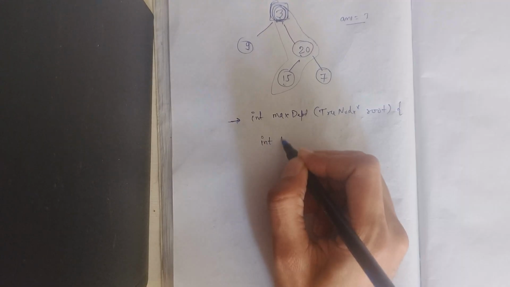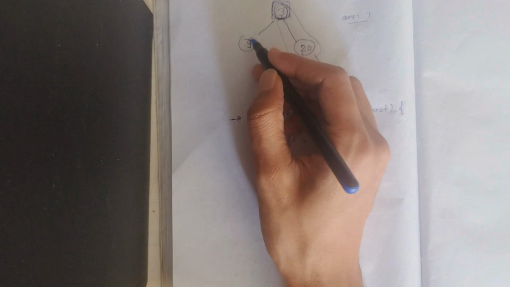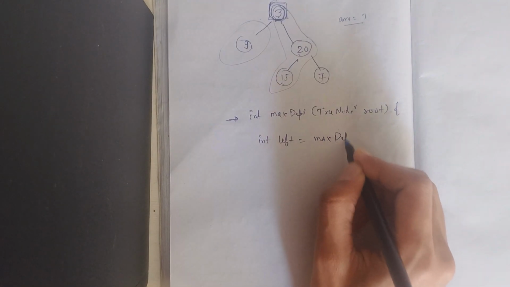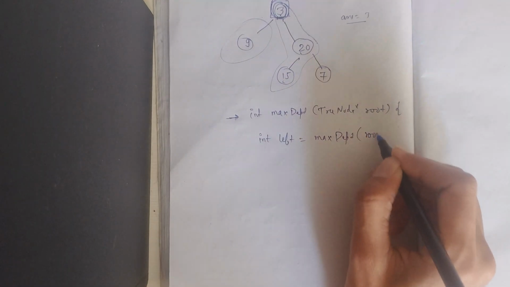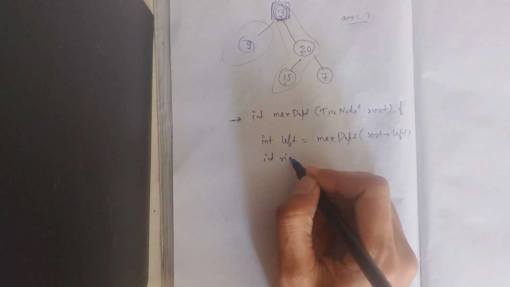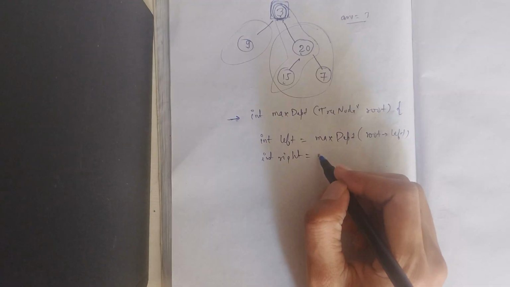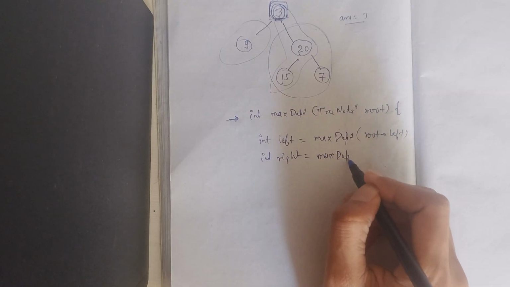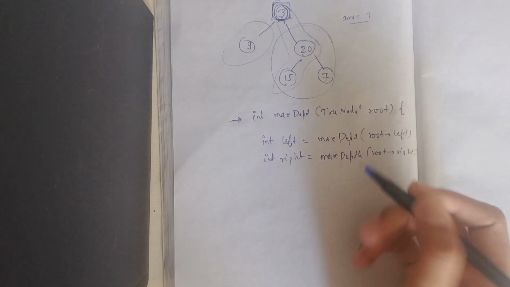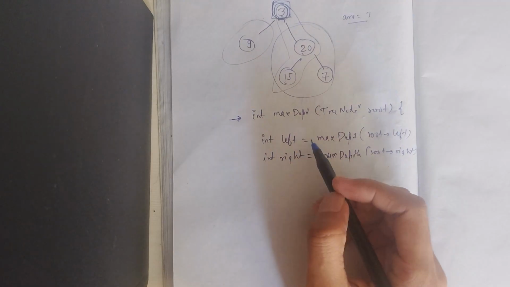Suppose int left will give the maximum depth of the left subtree, so maxDepth of root left, and right will give the maximum depth of the right subtree, maxDepth of root right. It will be automatically solved by recursion.